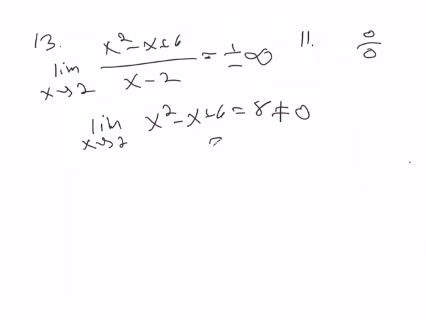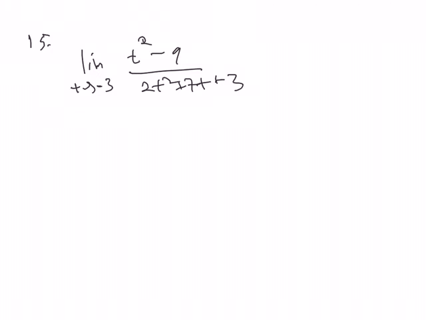So you have 8 over something approaching 0, and as we have shown a couple of times, this is plus or minus infinity, or undefined. That's why this problem differs from the previous one.